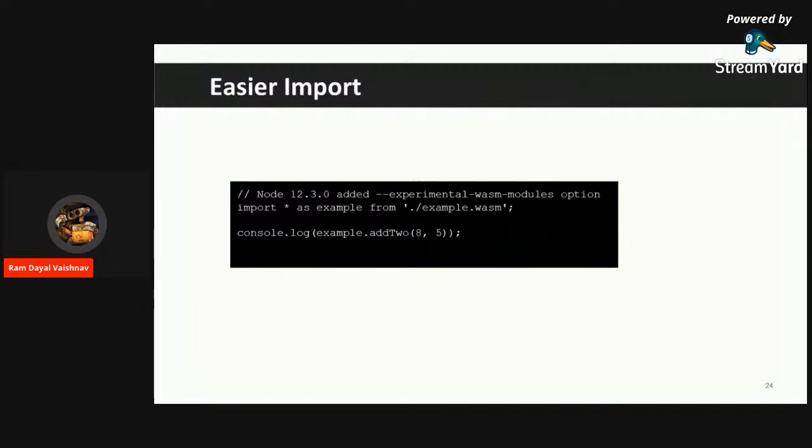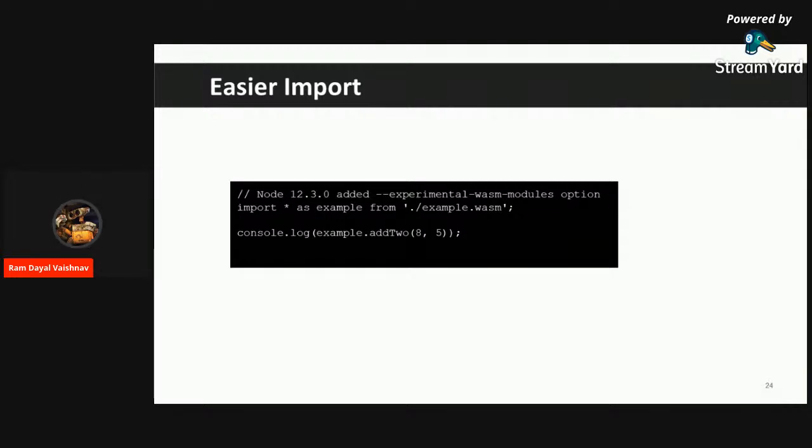So what JavaScript has done is, in Node 12.3.0 and later, they have an experimental WebAssembly module option where you can simply import it as you import any normal JavaScript file. So you import star as example from example.wasm, and then you can just say example.add2.